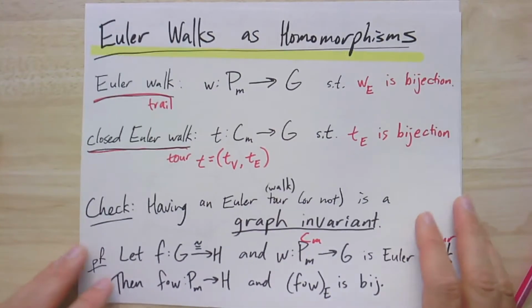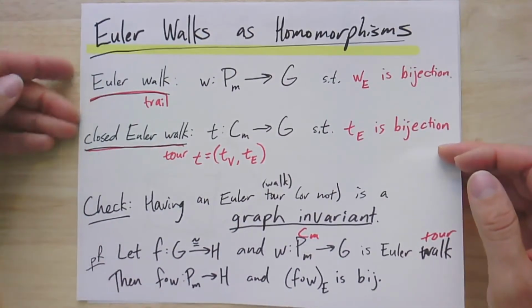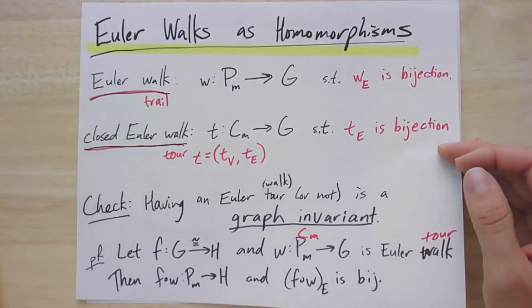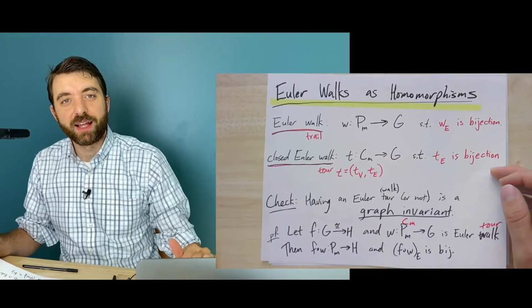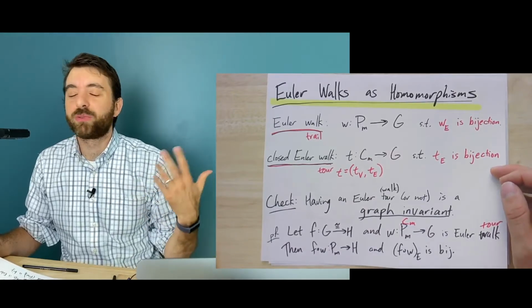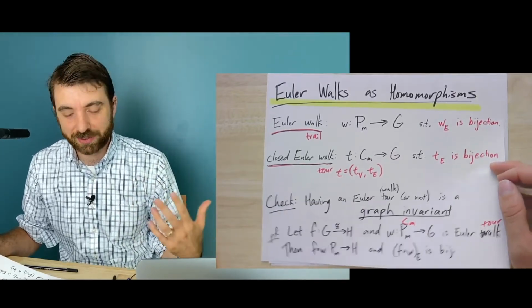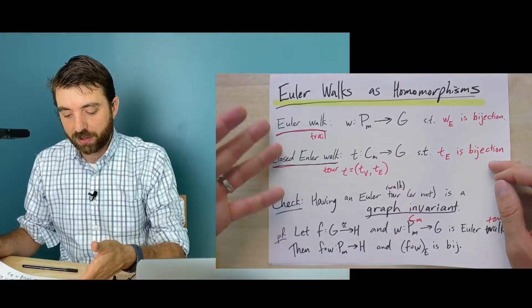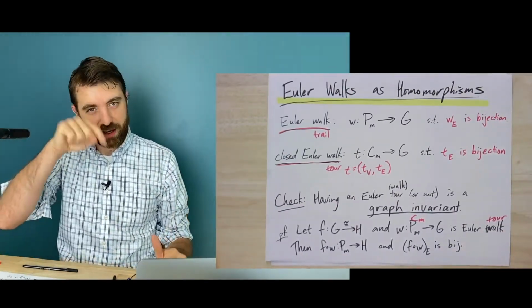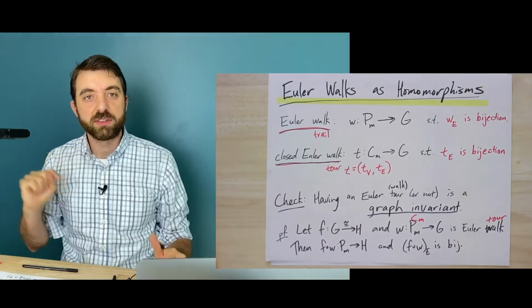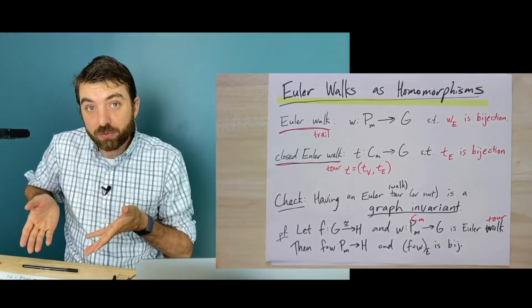Okay, so thinking about expressing these Euler walks in terms of homomorphisms is really good. And at first you might think, like I hear this a lot, that people sometimes say, why go through this step of this extra abstraction, thinking about the walk as a homomorphism, when it might seem so simple to say, hey, I'm just going to talk about a sequence of vertices. Well, this is kind of the reason.